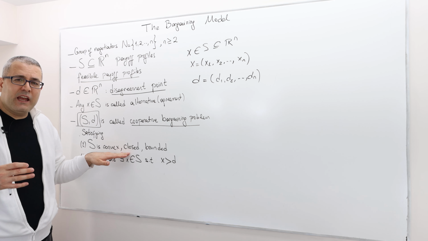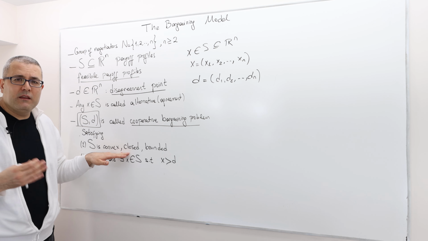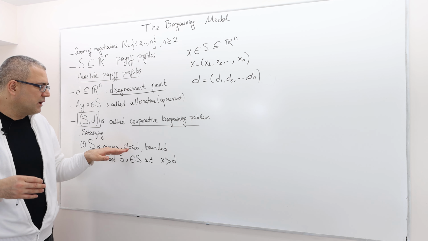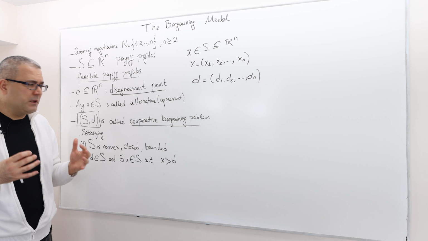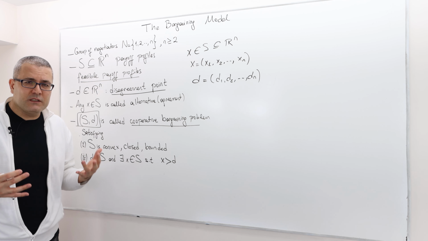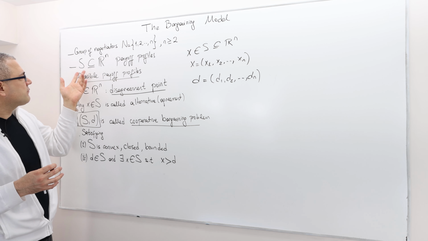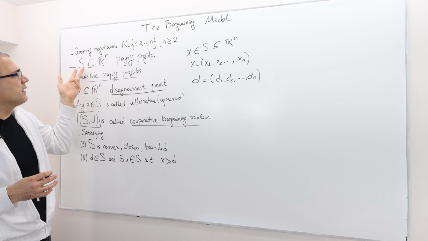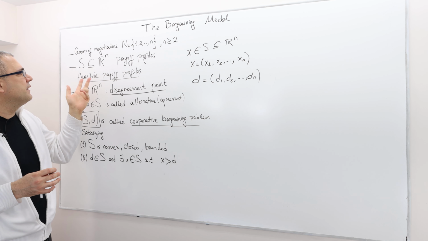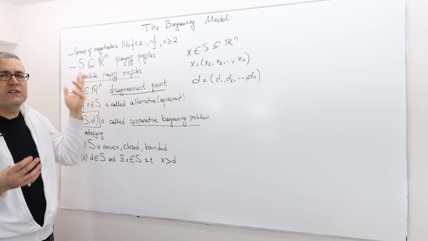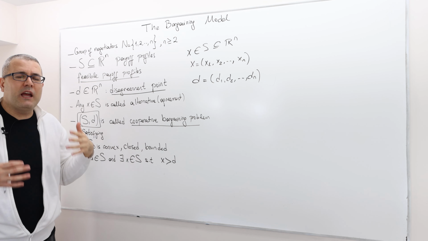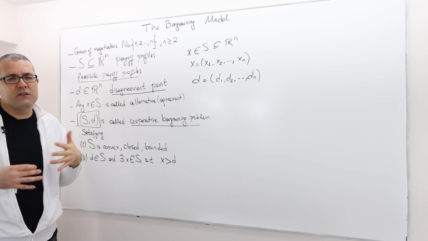Another handy assumption when we make maximizations or optimizations: the set must be closed, and it's bounded. Given that the set of feasible payoff profiles S is a subset of Rn, closed and bounded means it's compact.